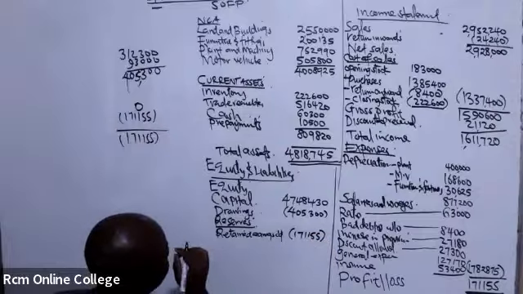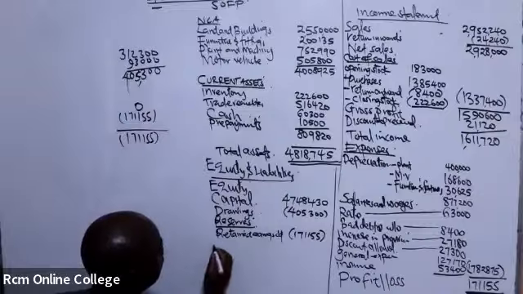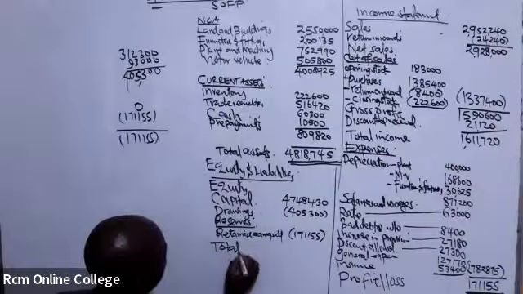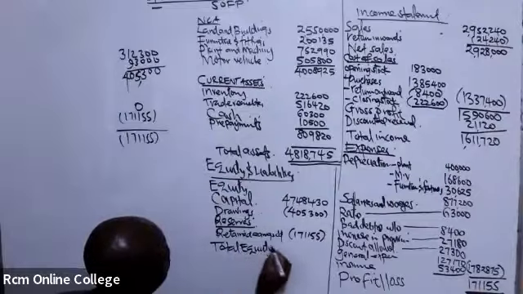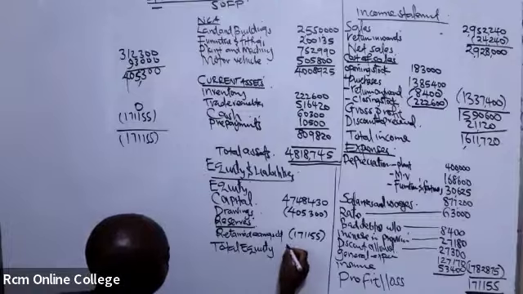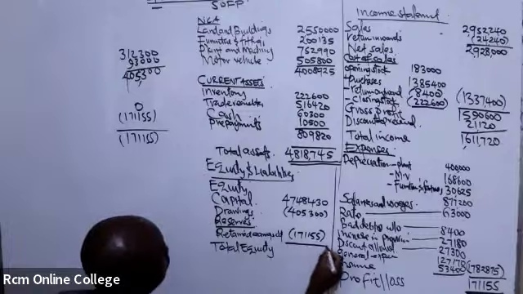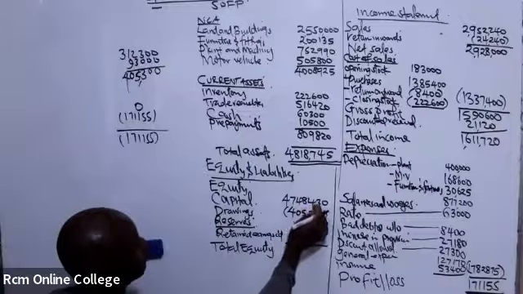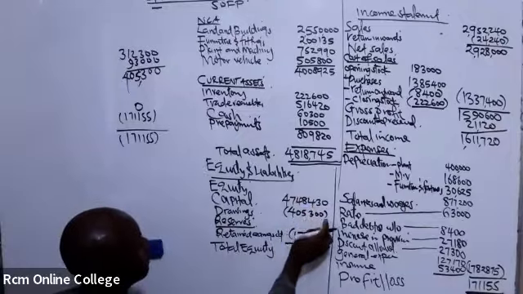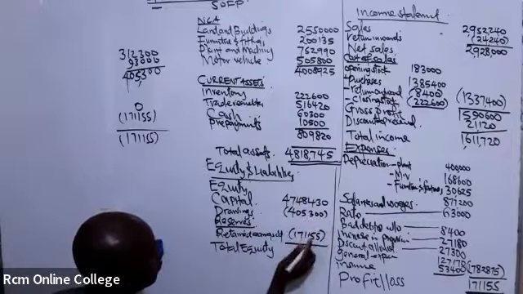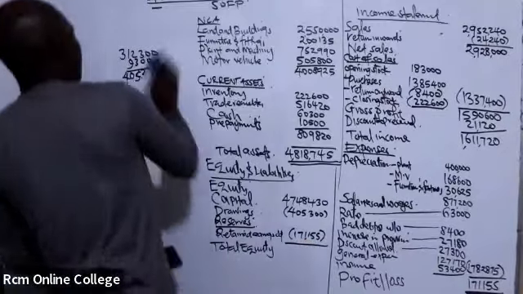Good. So that will now give us what we call total equity, or shareholders' equity. Total equity: you take 478,430 minus 405,300, minus this because we have a loss. What are we getting as the total equity?